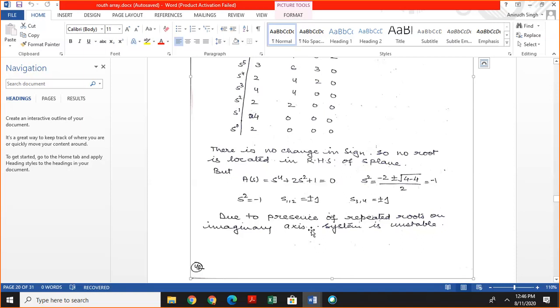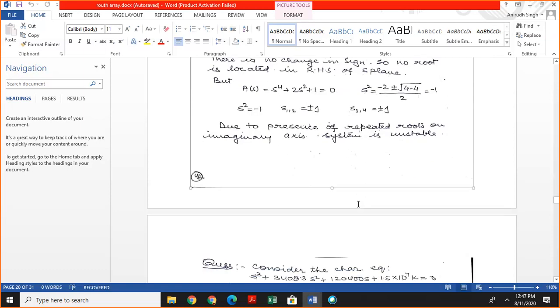You get repeated roots on the imaginary axis, plus minus j. So the system is unstable, because of the repeated roots on the imaginary axis. Calculate the roots of this auxiliary equation.